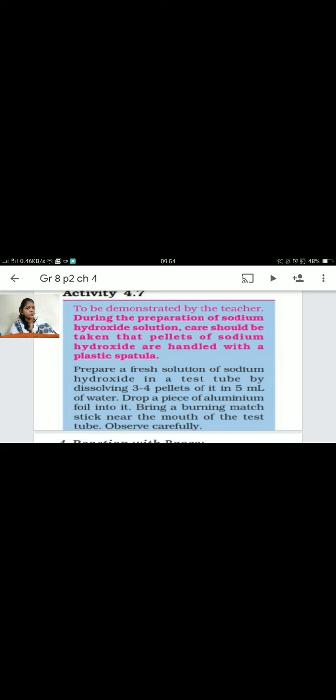You have to dissolve those pellets in 5 ml of water. Then drop a piece of aluminium foil into it. Bring a burning matchstick near the mouth of the test tube and observe carefully. So here you have taken 3 or 4 pellets of sodium hydroxide and 5 ml of water, and again you bring a burning matchstick or candle and observe. So what will be your observation?